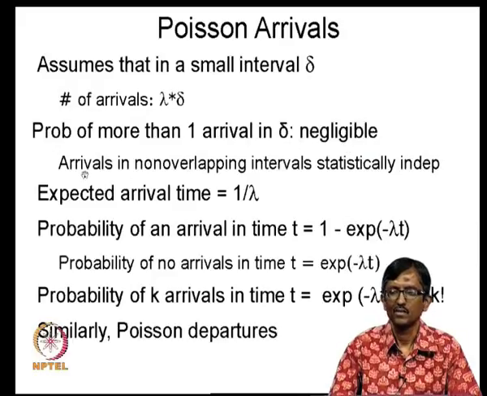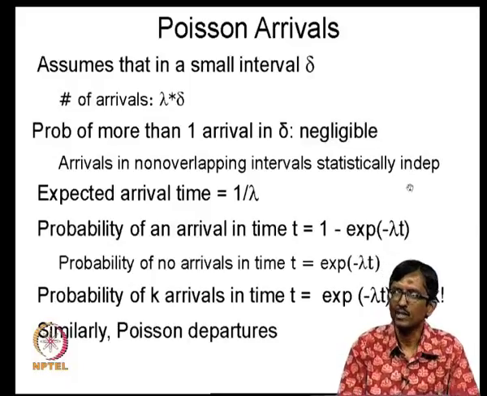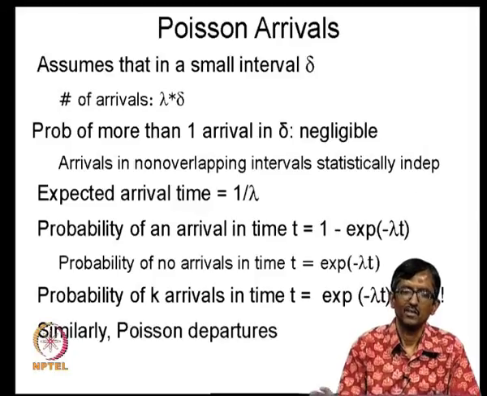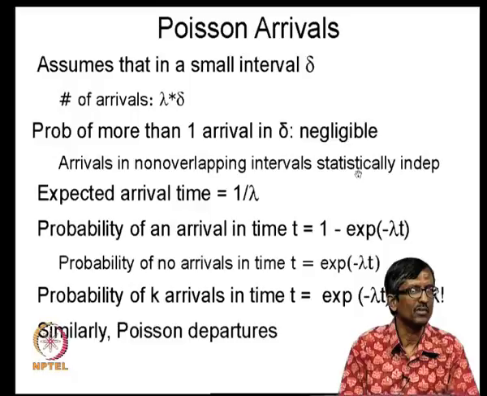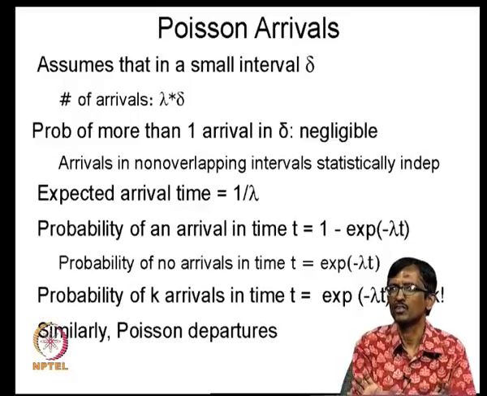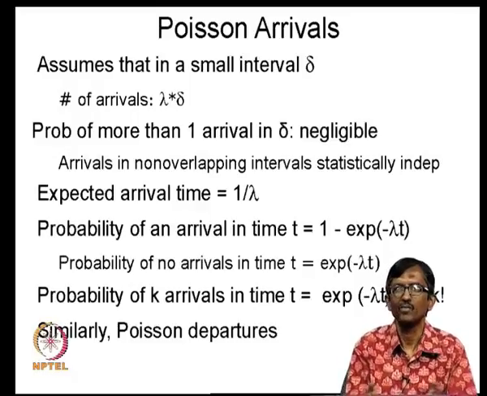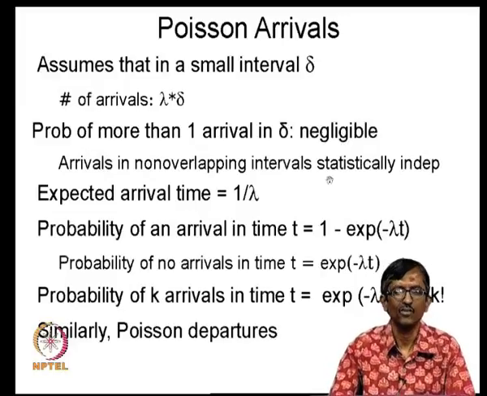Arrivals in non-overlapping intervals are statistically independent. You take any two non-overlapping intervals, and there is absolutely no information flow from one interval to the other. It is completely independent, often called memoryless.